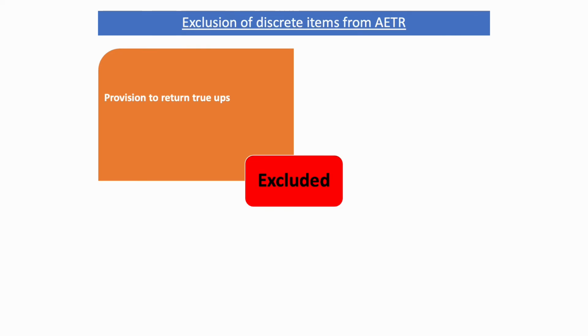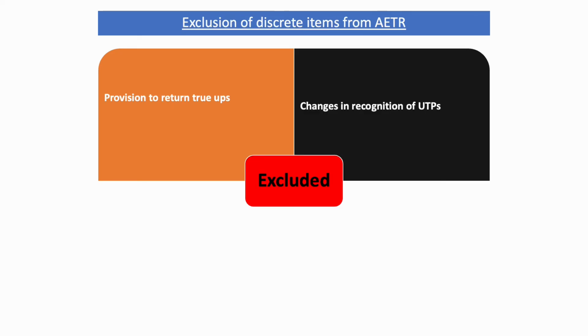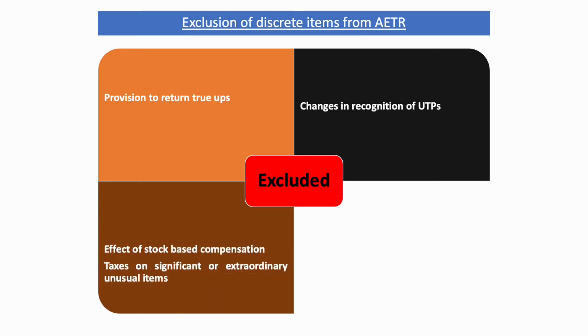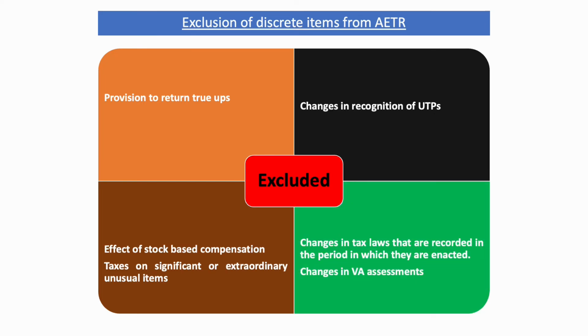Some of the key discrete items that are excluded from AETR are provision to return true-ups, changes to any of the recognition of UTPs, uncertain tax positions, any effect of stock-based compensation, or taxes on any significant or extraordinary items, which get reported in the period they are recognized, and any changes to the tax laws, which are reported in the period in which the enactment of that tax law is effective.